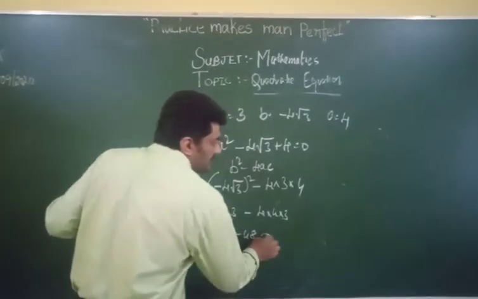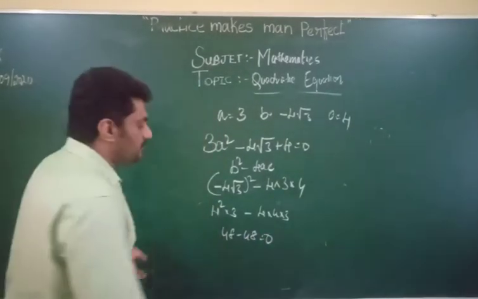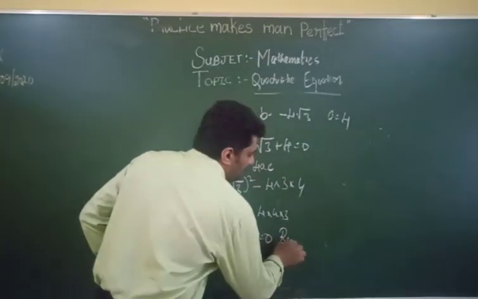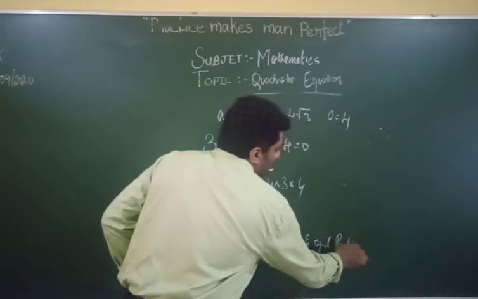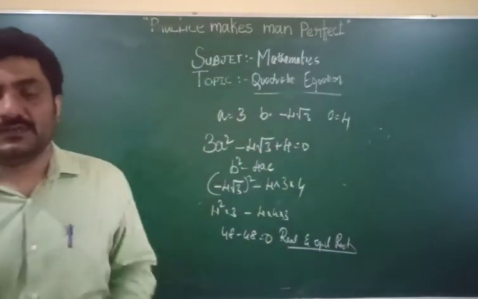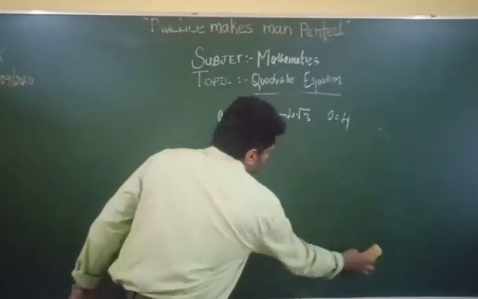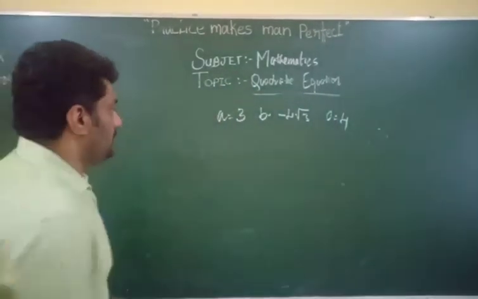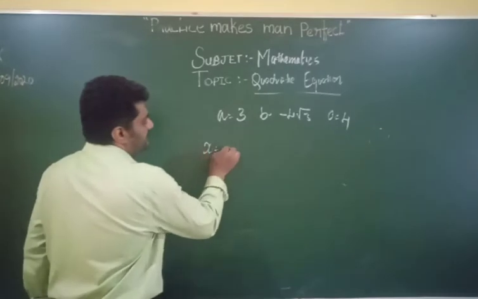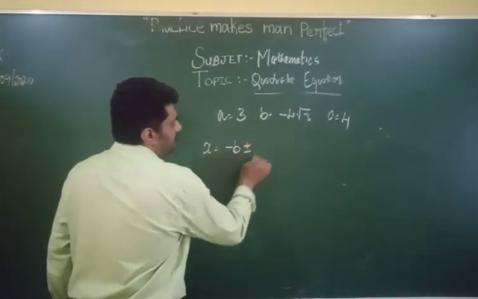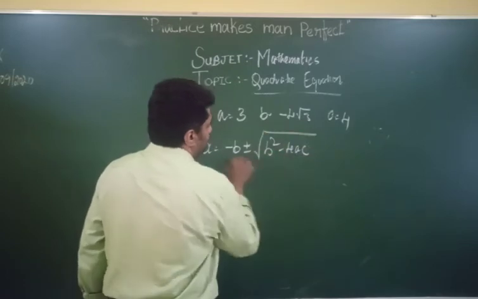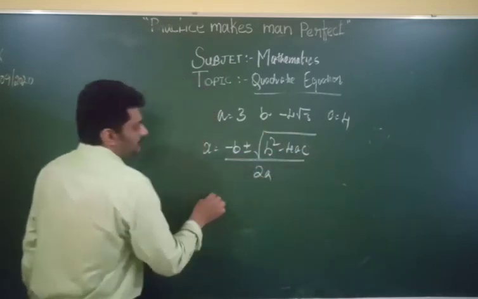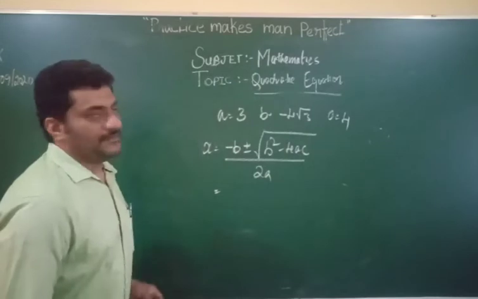So when the discriminant is equal to 0, we get real and equal roots. Okay? Real and equal roots. Remember this. Now let's see the values of x. Now the formula x is equal to minus b plus or minus square root of b square minus 4ac divided by 2a, which is nothing but, what is the value of minus b?